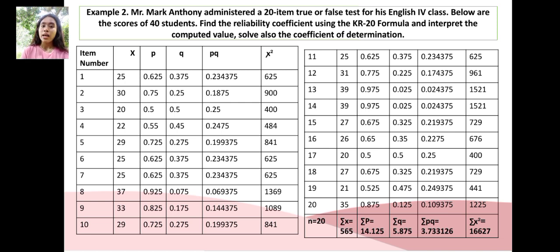Okay, and then the P. The P is the proportion of the students who got the correct answer. So how do we solve the P?